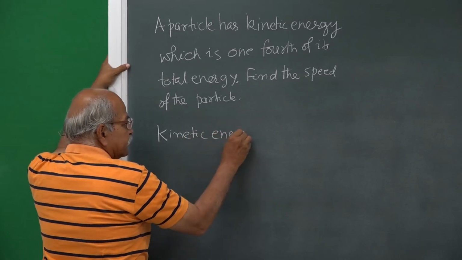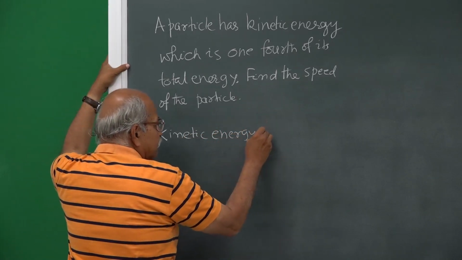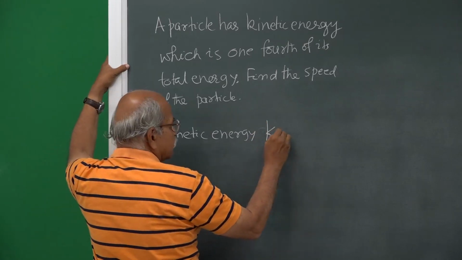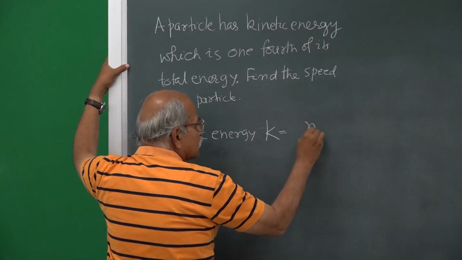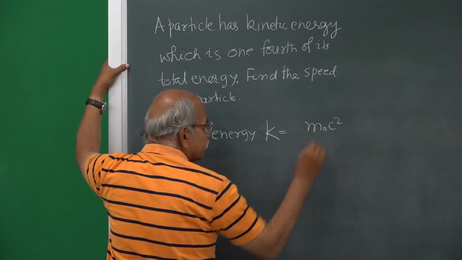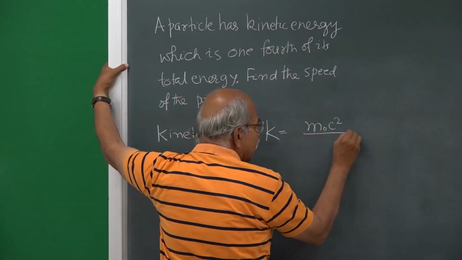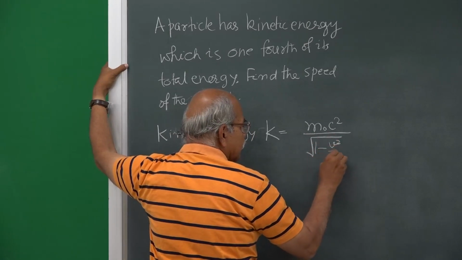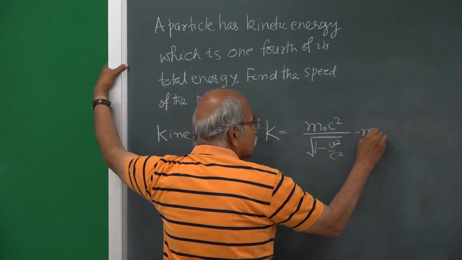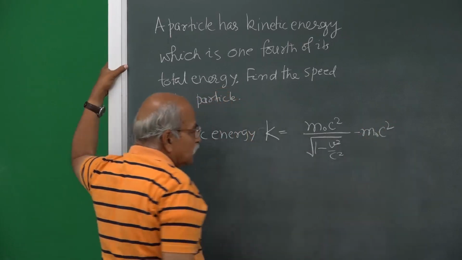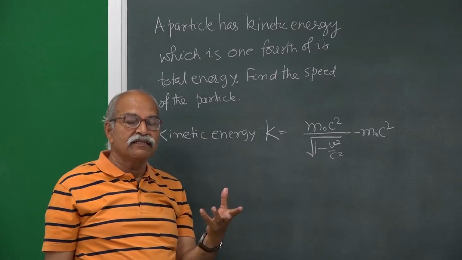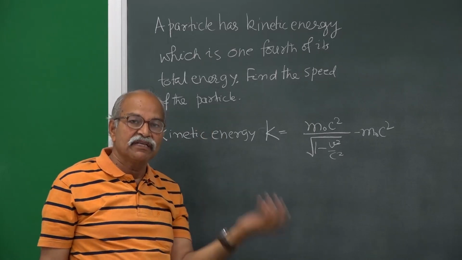Kinetic energy we had defined K, that is m naught c square divided by square root of 1 minus v square by c square, minus m naught c square. How do I remember that? Kinetic energy is total energy minus the rest mass energy.